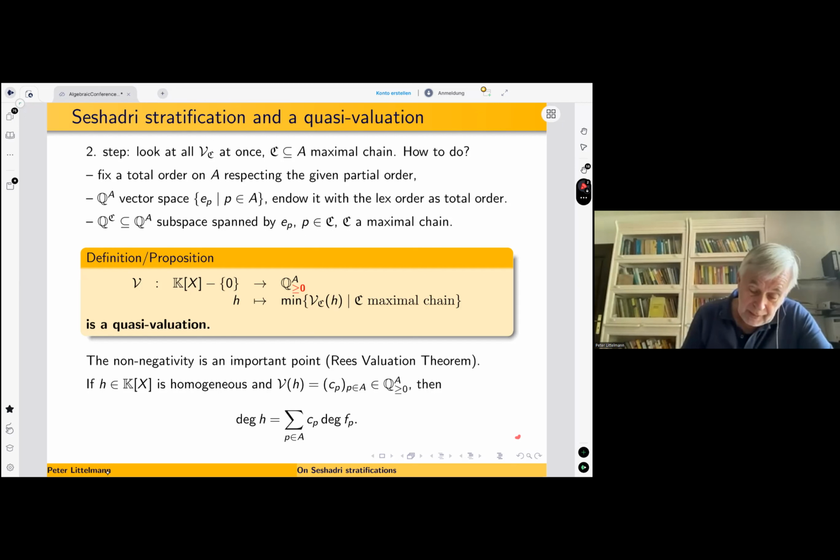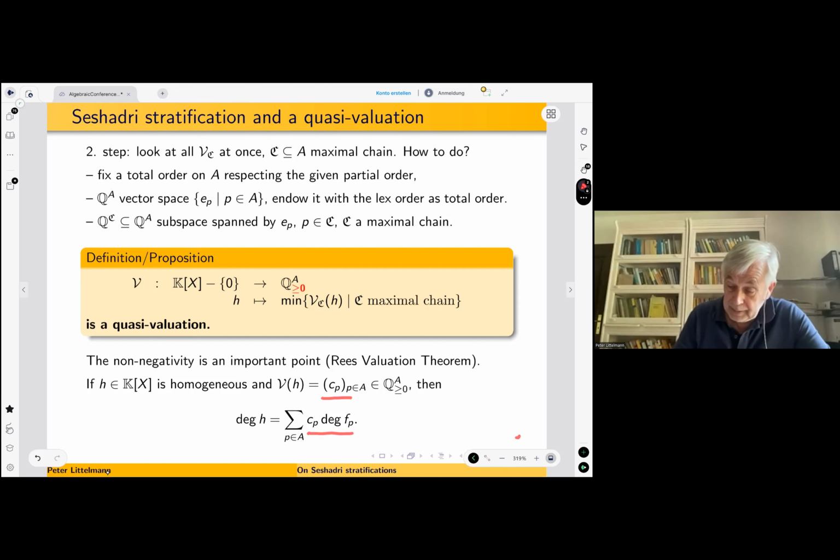So when I take H, a homogeneous function, and my quasi-valuation takes this collection of rational numbers as value, then the degree can be reconstructed by just, so to say, putting a weight on these values, multiplying with the degree of the corresponding extremal function.